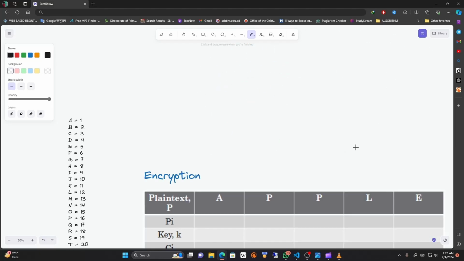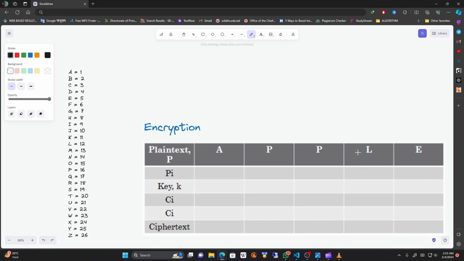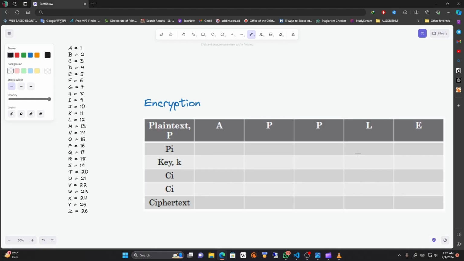So let's go for our encryption process, where we take apple as our encryption message, and let's just say we have 5 as our key value. Okay, so 5 is our key value.